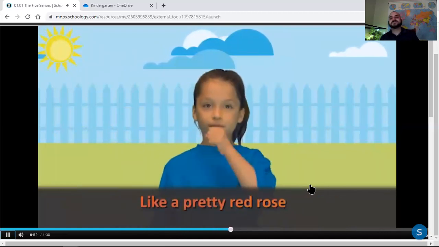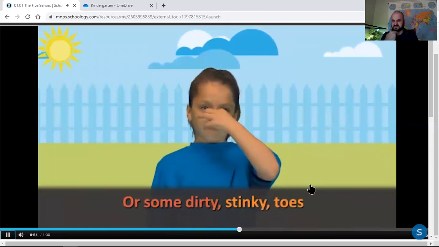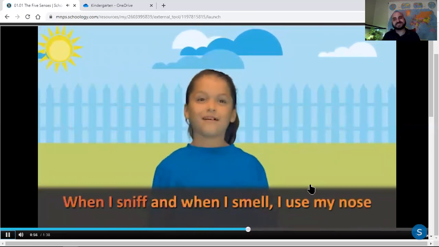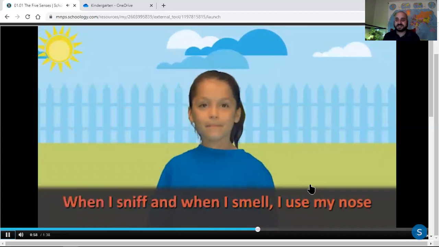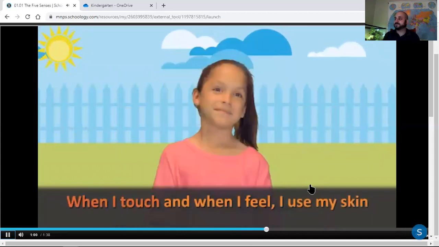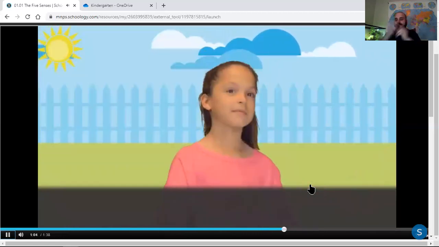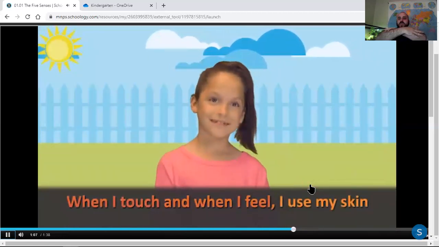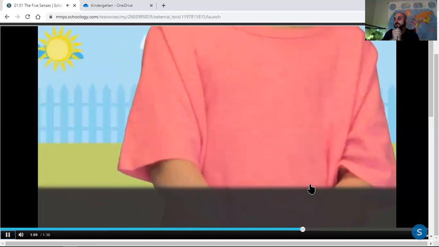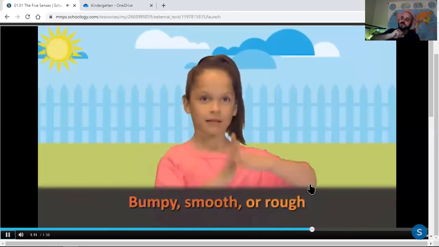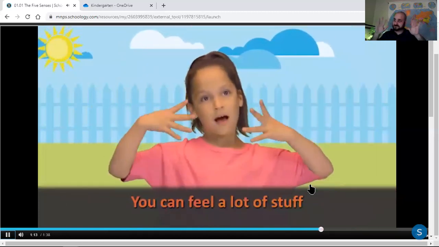Like a pretty red rose or some dirty stinky toes. When I touch and when I feel, I use my skin. Bumpy, smooth or rough, you can feel a lot of stuff.